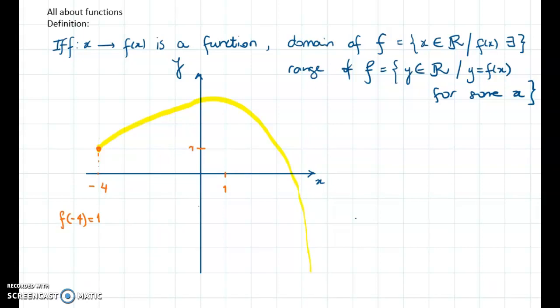So the function goes up, crossing the y-axis at the point 0, 3. And then it goes down and it crosses the x-axis at the point, let's say this is 3.5. And then it goes down, and I need to explain a little bit what this goes down means.